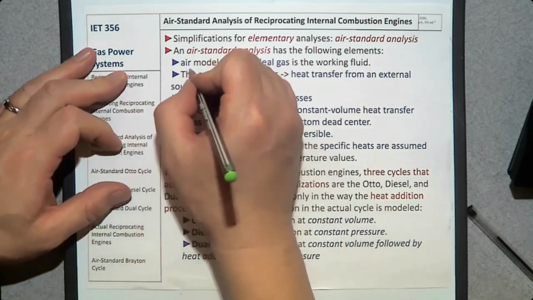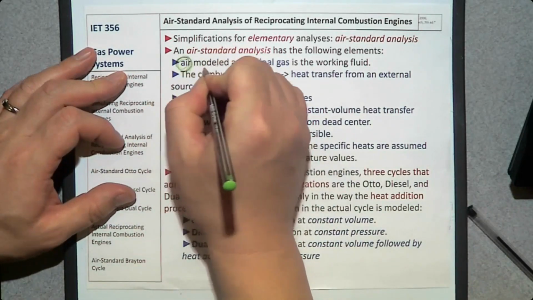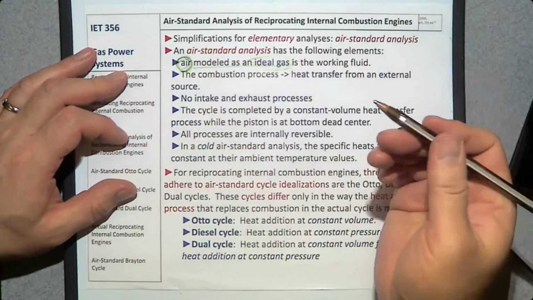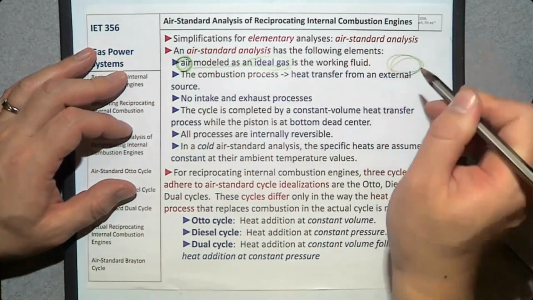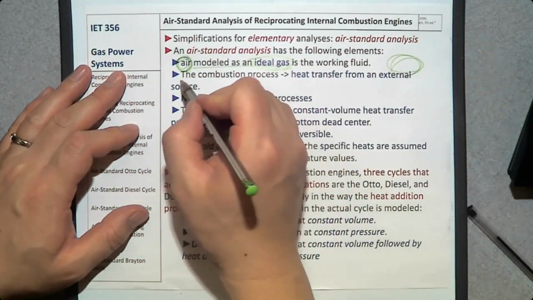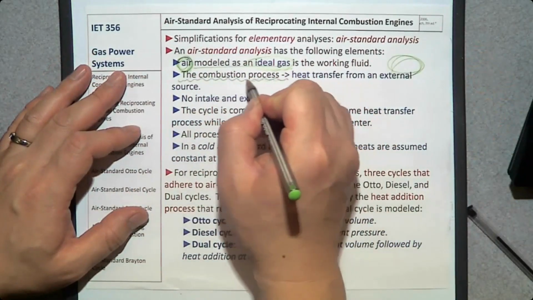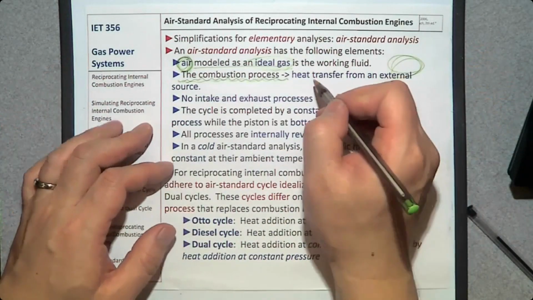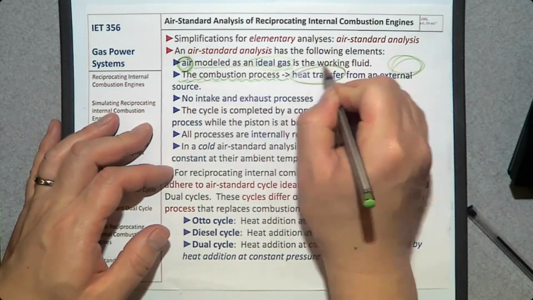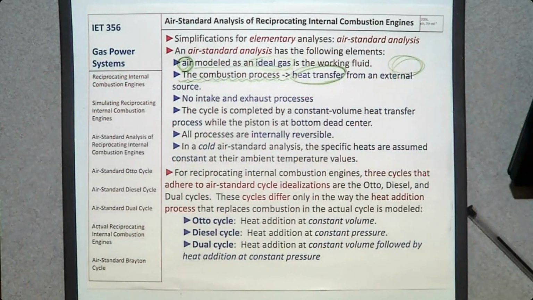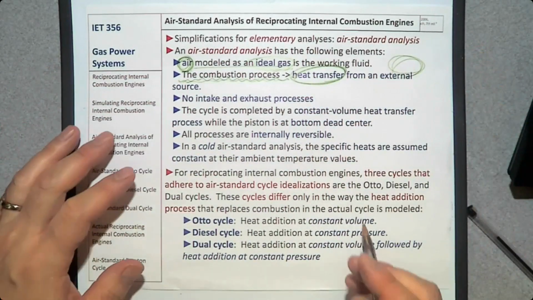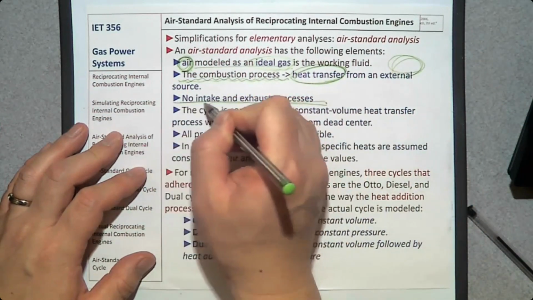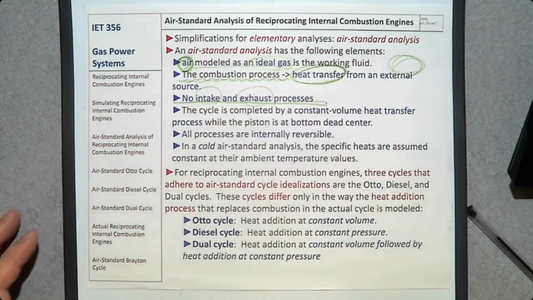So we are going to assume that the air is the working gas and it behaves like an ideal gas. So that means that we can use the ideal gas equation. And we are going to replace this combustion process, which makes it complicated, by a heat transfer from a thermal energy reservoir, and we are going to neglect the intake and exhaust processes.